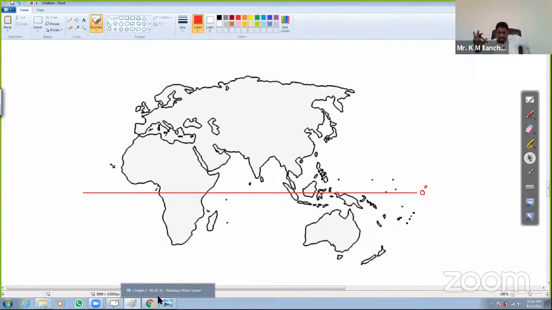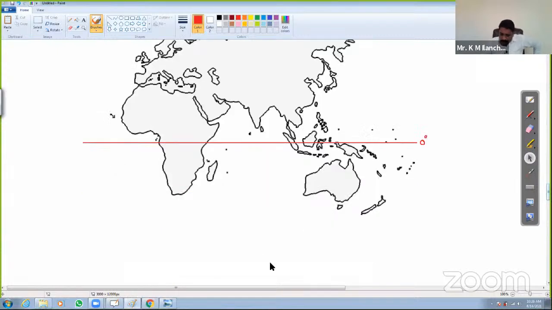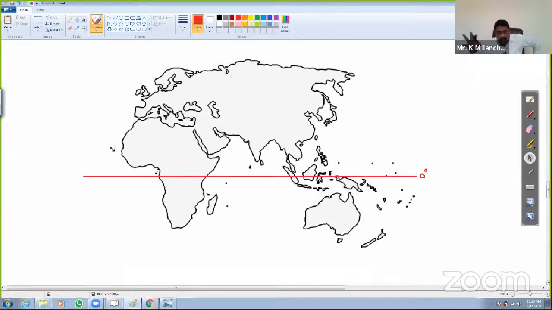Equinox literally means equal length of day and night. Now what happens in equinox? During equinox, the sun's vertical rays fall over the equator. So the ITCZ almost overlaps with the equator.